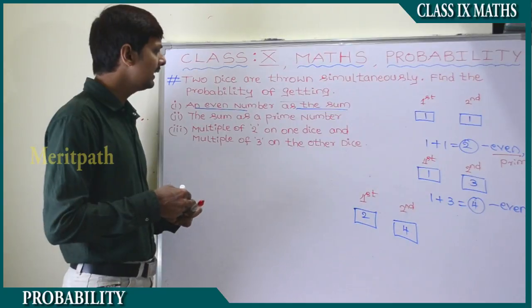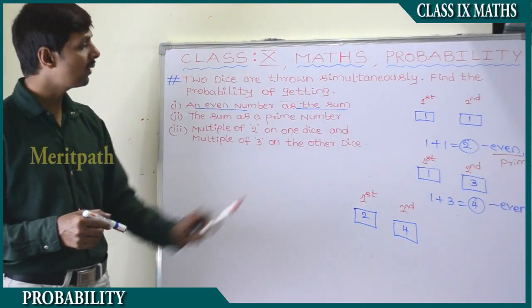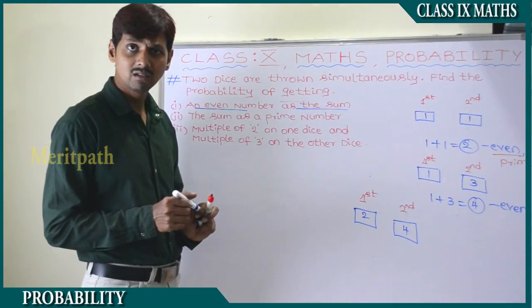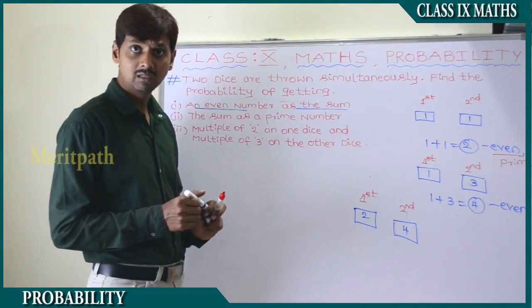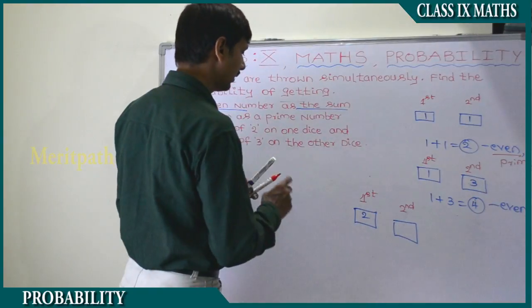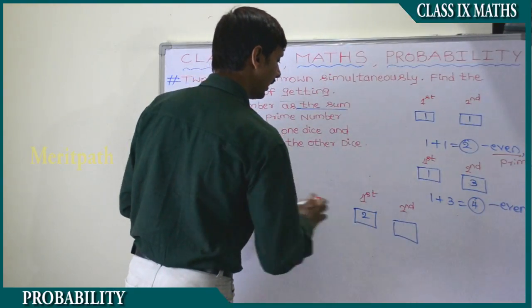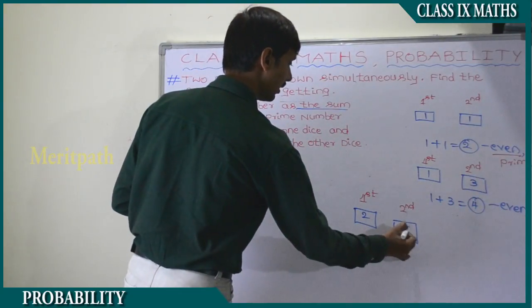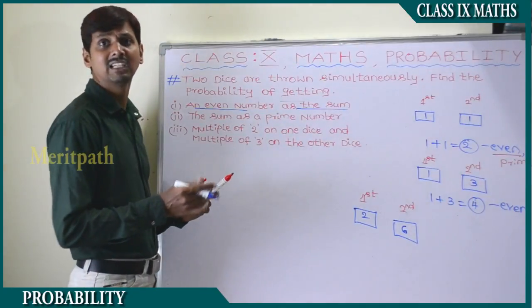And let's see here, multiple of 2 on one dice and multiple of 3 on the other. 4 is not a multiple of 3, so this is not possible. So let's take any other number, like 6 for example. Then it satisfies this condition.